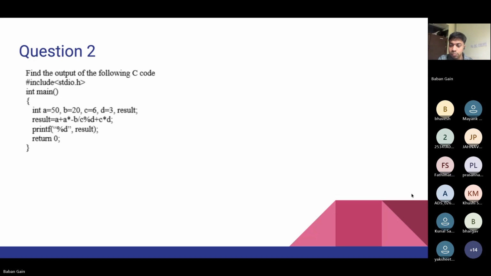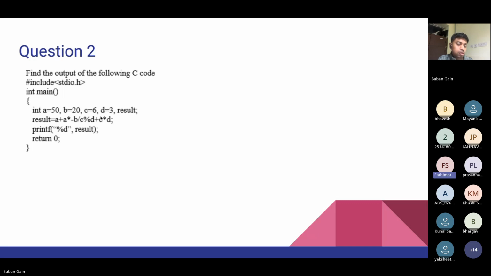First we have to do the multiplication from left to right, multiplication, division, and all. Okay, so you are saying at first there will be multiplication, in the sense A into minus B or C into D, both will be together?